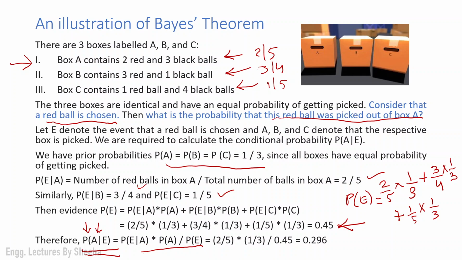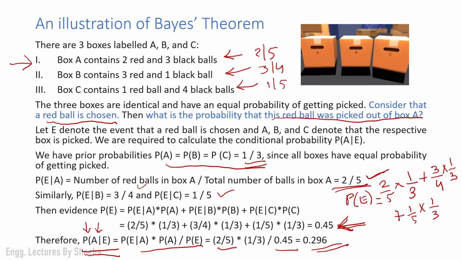The probability of E given A we have already found, that is 2 by 5. So we'll substitute that here, into probability of A, which we already found is 1 by 3, divided by the probability of the event E, that is the red ball. That is 0.45. When you substitute these values, you get 0.296.